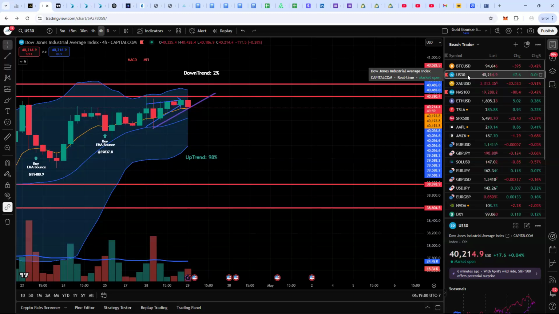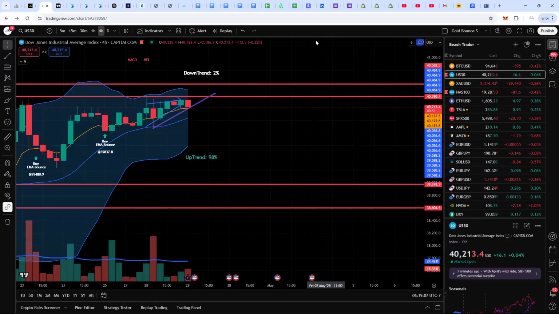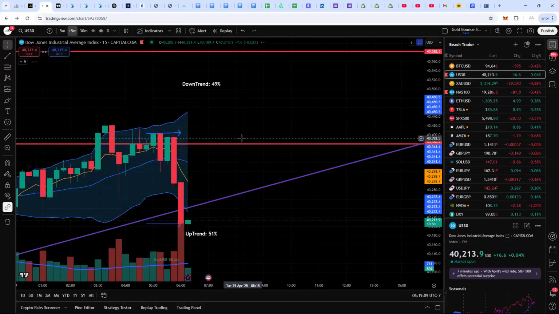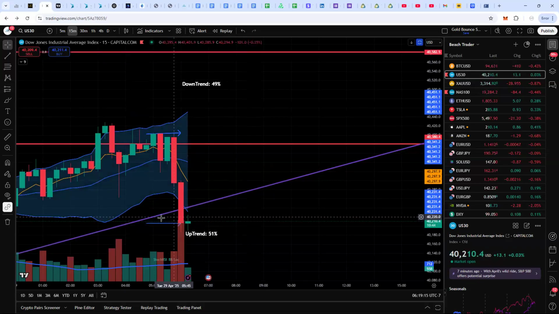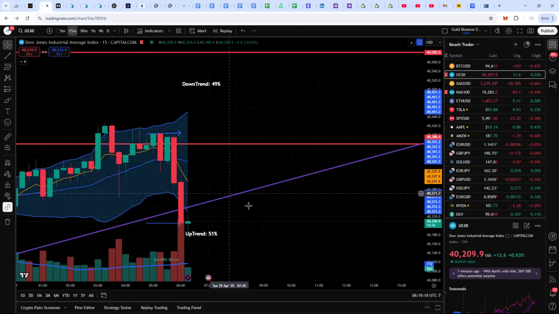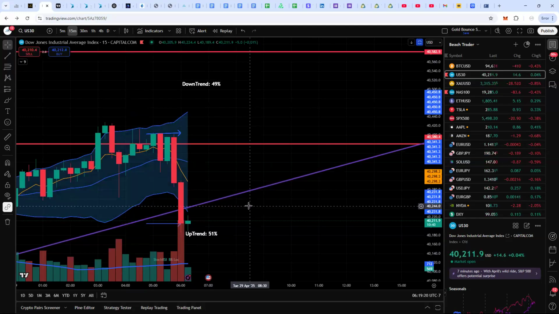And I'm taking it on my phone, and this is on the 4 hours. So this is what the 15 minutes looks like. It should be inside of this purple. How it was looking.